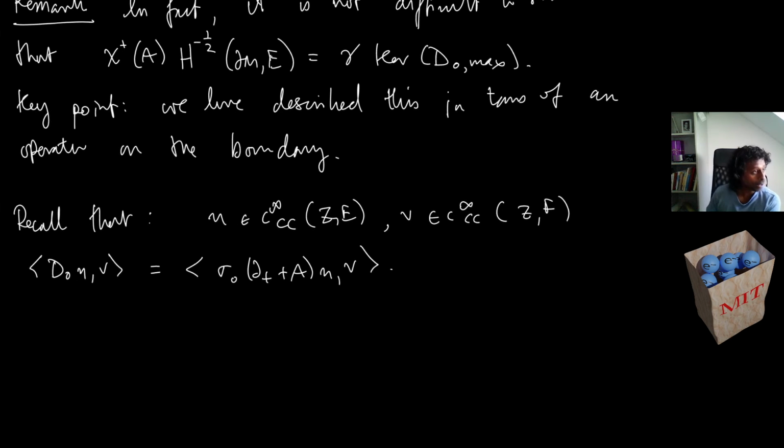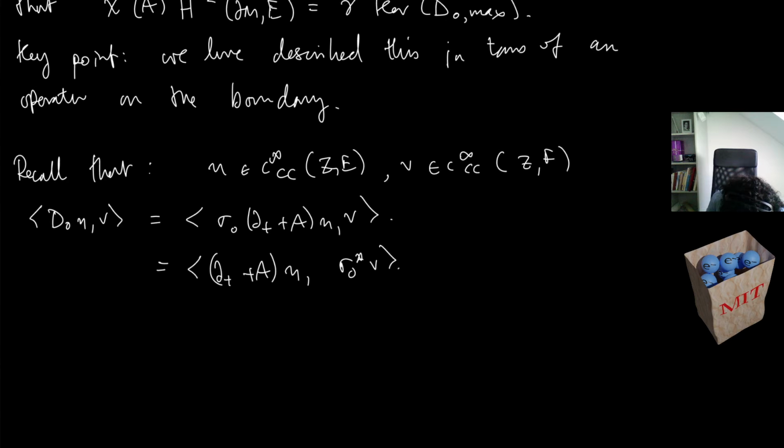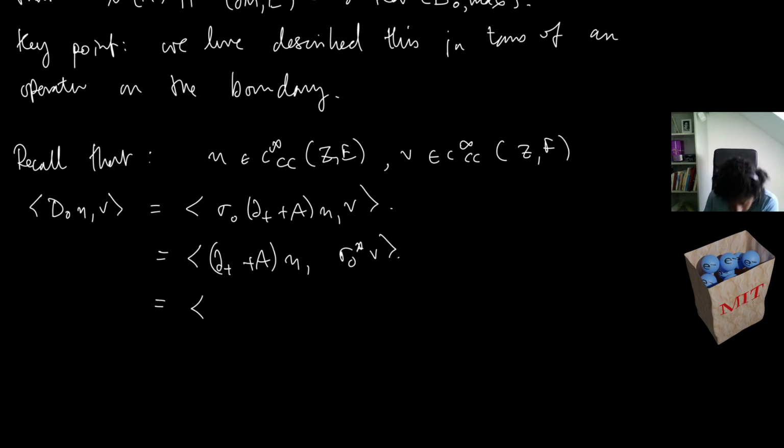So now I pull everything across, and what I get is negative dt plus A adjoint, sigma naught star of v.